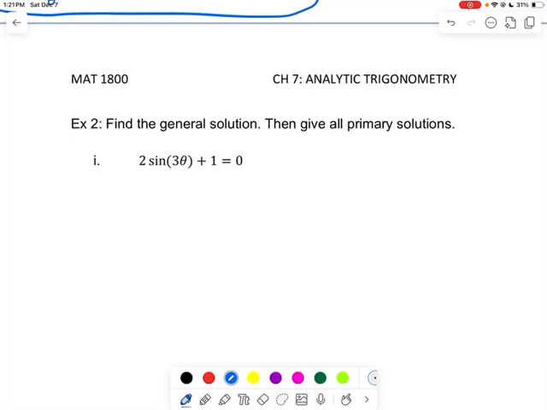Section 7.5, and we have now solved so many different kinds of trig equations, yet there are some other types of trig equations, and we will try to solve these.